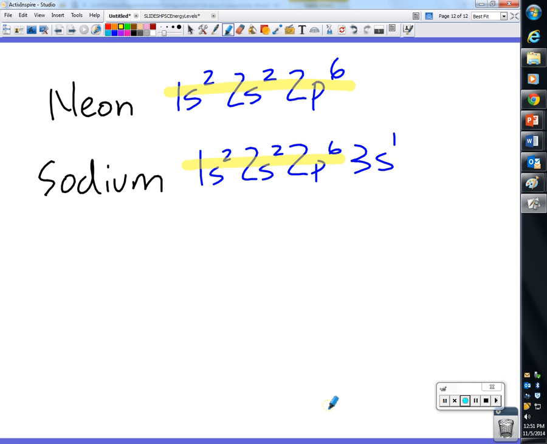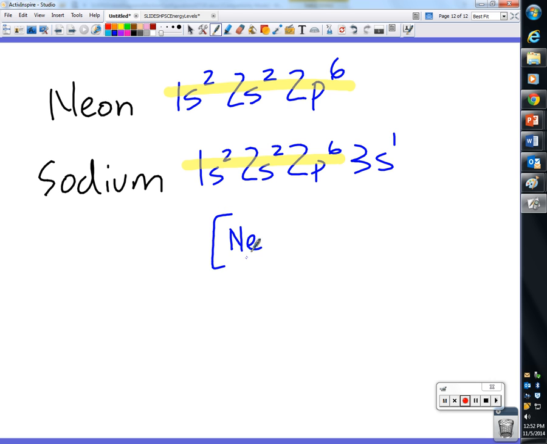So what we can start doing, even though this is much shorter than writing an orbital diagram, we can make it even shorter. The way that we make it shorter is by starting off and writing the formula for the noble gas, which is the last column on the periodic table.